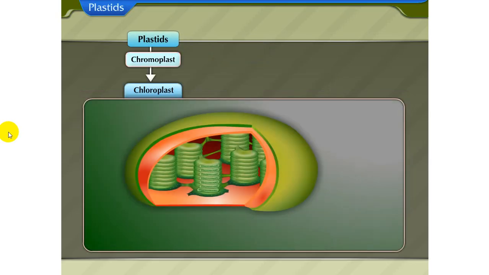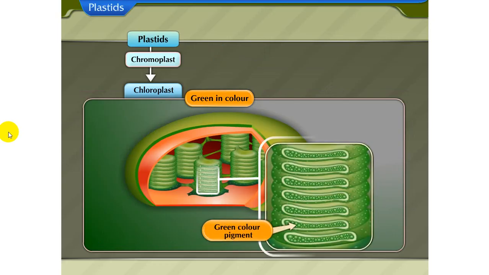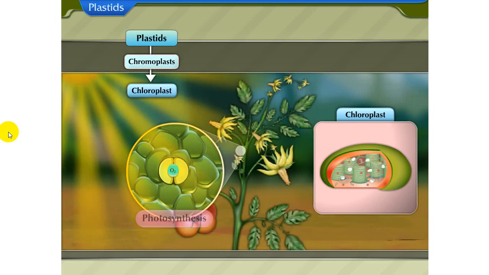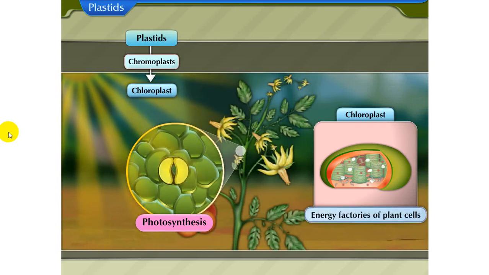Chloroplasts are a type of chromoplasts which are green in color. They contain a green colored pigment called chlorophyll. Chloroplasts are important for photosynthesis in plants. These are the energy factories of plant cells.